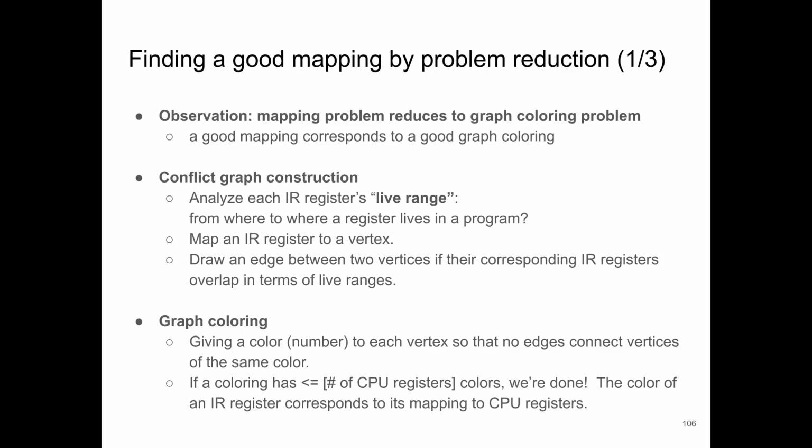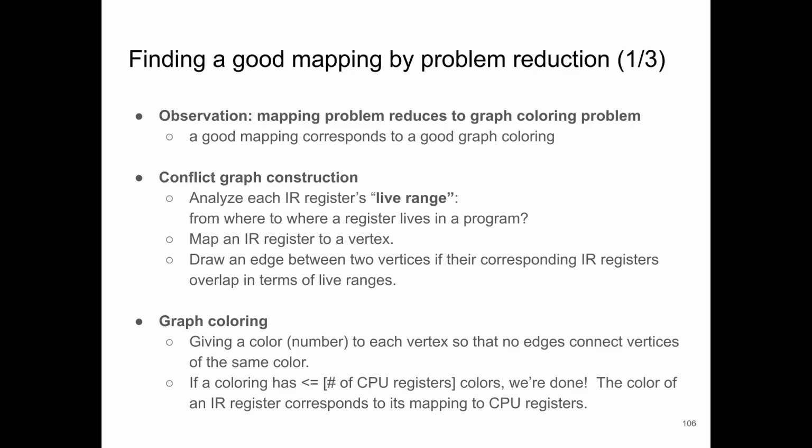To build a conflict graph, you first need to analyze each IR register's live range. In an IR, each register has a definition point. Thanks to the static single assignment property, we know that a register is defined only once inside a function, and it can be used multiple times in the function.